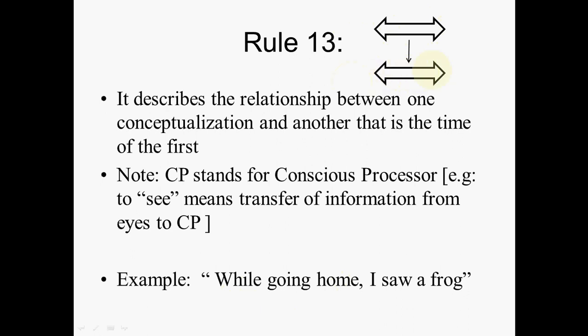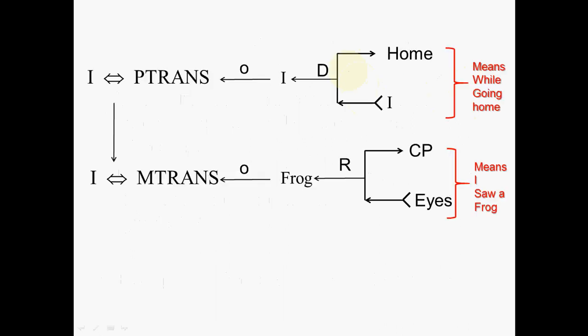The second conceptualization is that while this activity was ongoing, I saw a frog, right? So while going home is the first conceptualization, and the second conceptualization, while this was happening, is that I saw a frog. Fine. So this is how it can be represented.